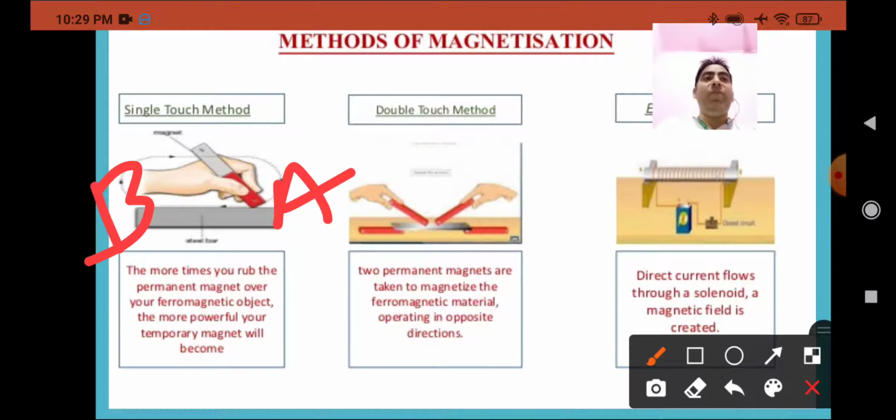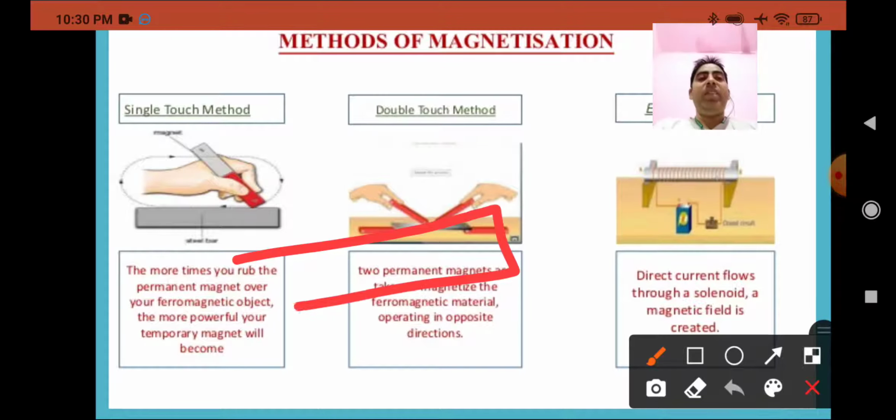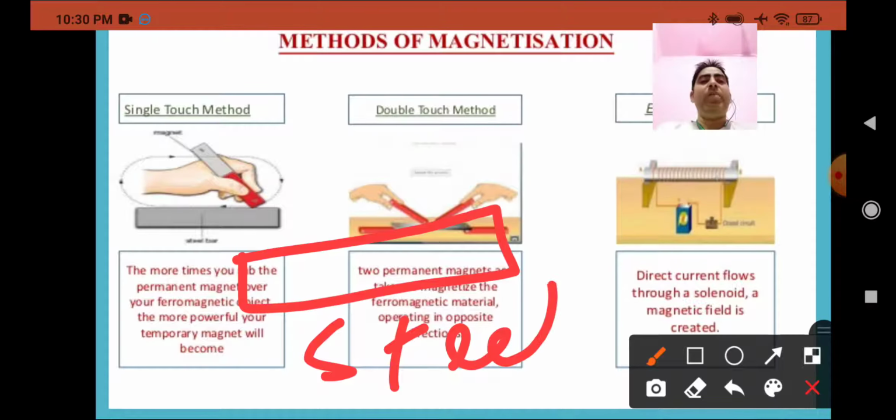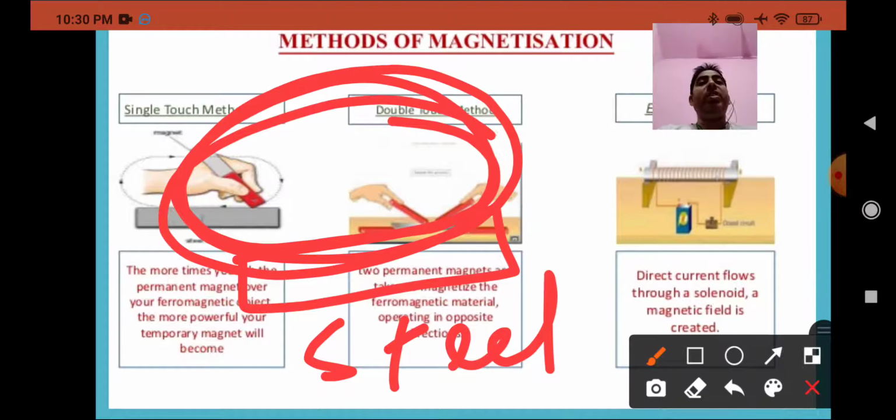Now lift the magnet from here. Then again bring the same pole to the same point on the steel bar from which you started. Move the magnet along the steel bar in the same direction as you did before. Suppose this is the steel you have to make into a magnet. You start from here, rub, lift again, and rub again in the same direction.